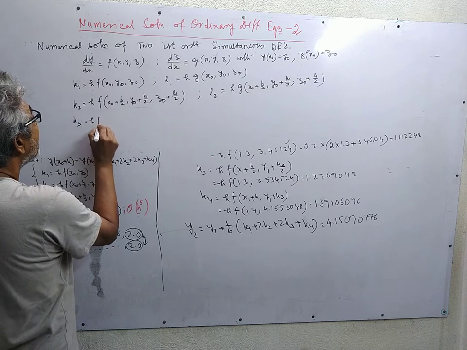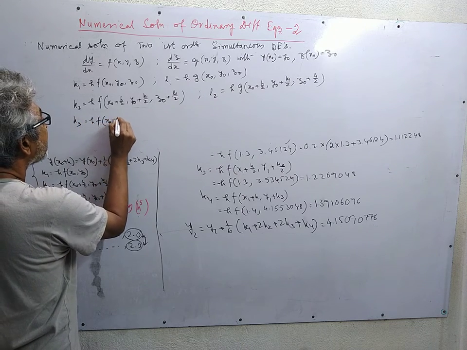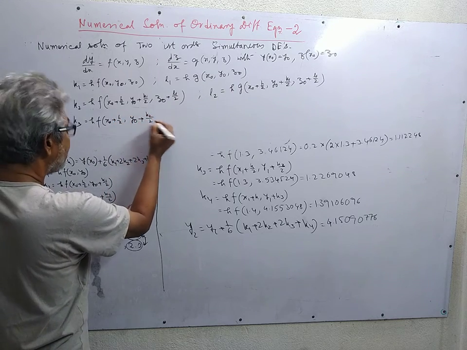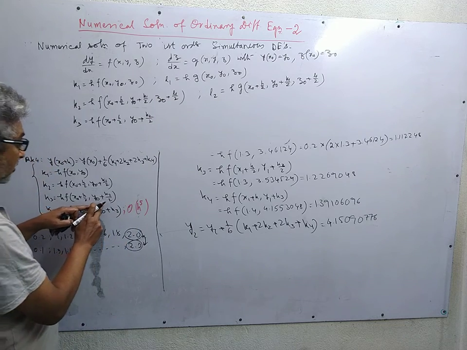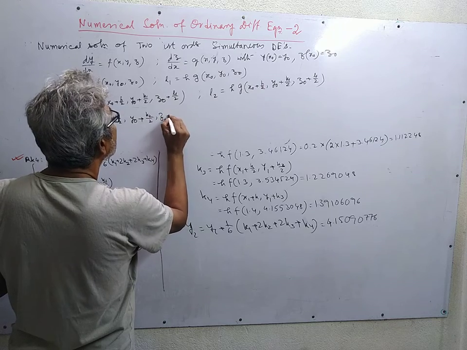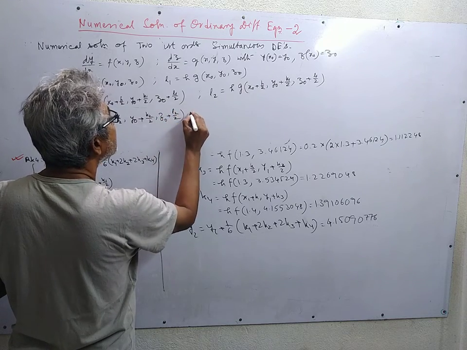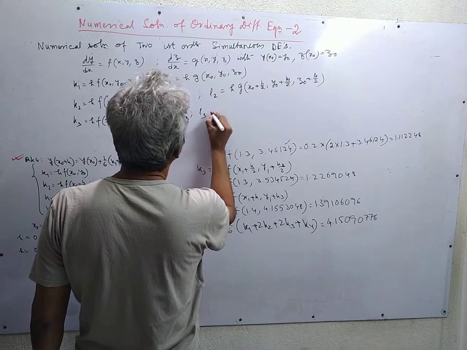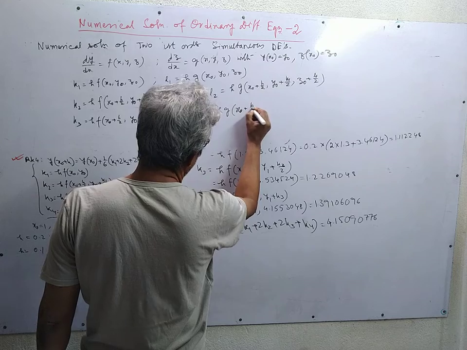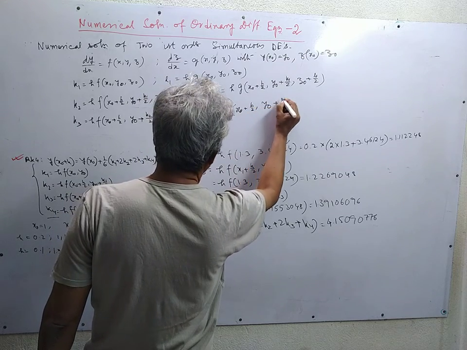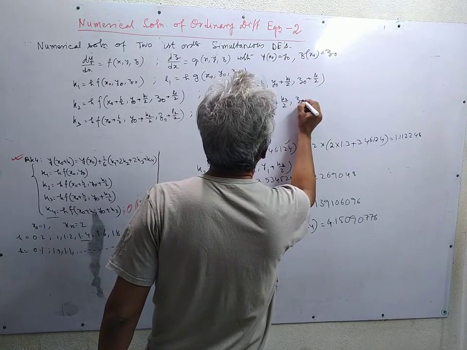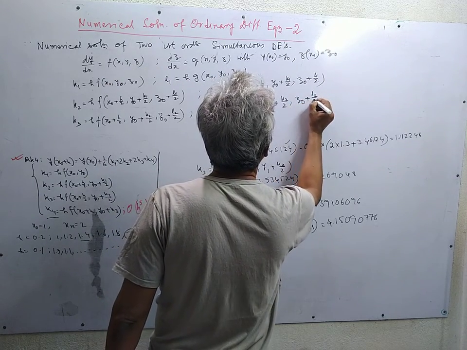Now we come to K3. Similarly, h f of x0 plus h by 2, y0 plus k2 by 2, you recall this, z0 plus L2 by 2. Similarly, L3 is equal to h g of x0 plus h by 2, y0 plus k2 by 2, z0 plus L2 upon 2.